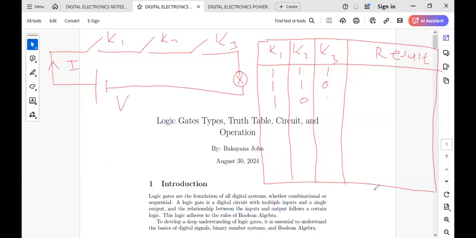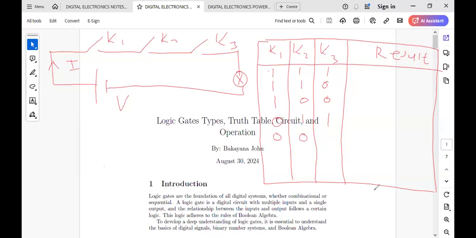They can all be closed, or closed, closed, open, or closed, open, closed. Sorry, this is open, closed.